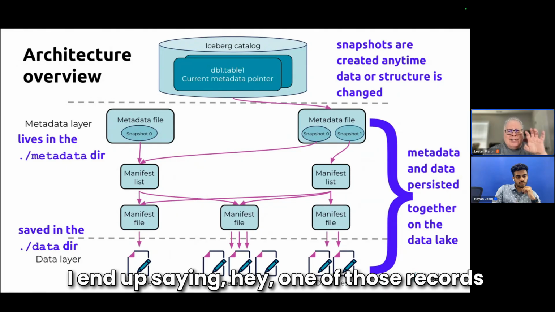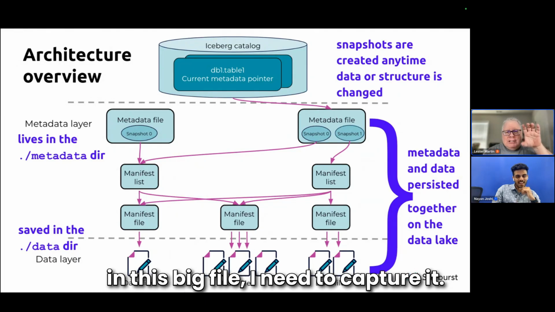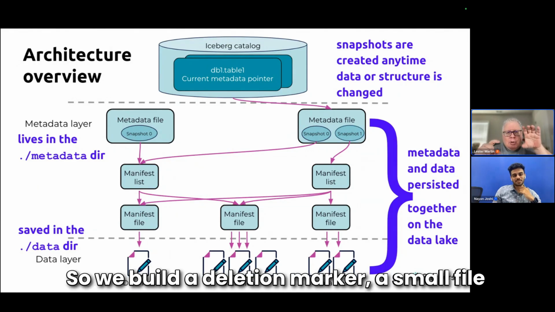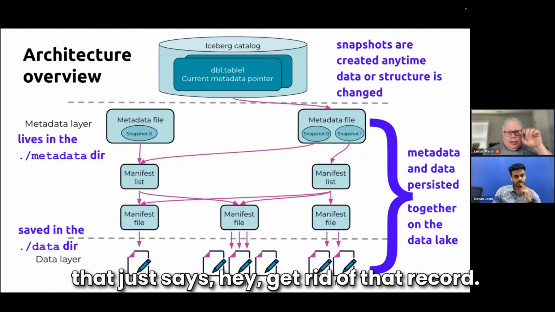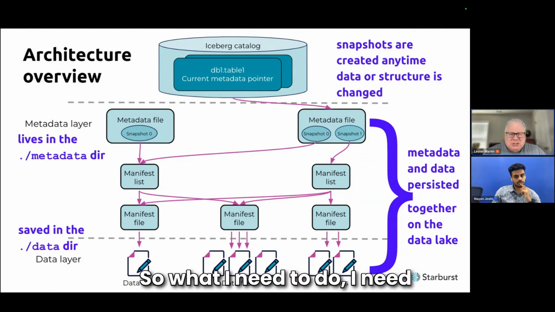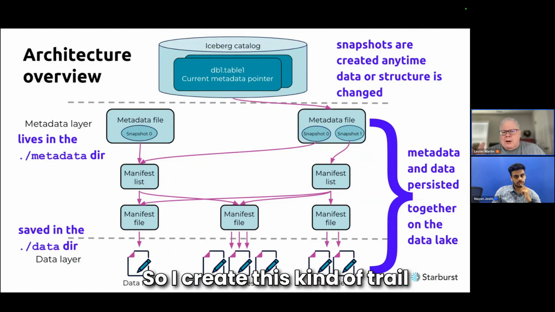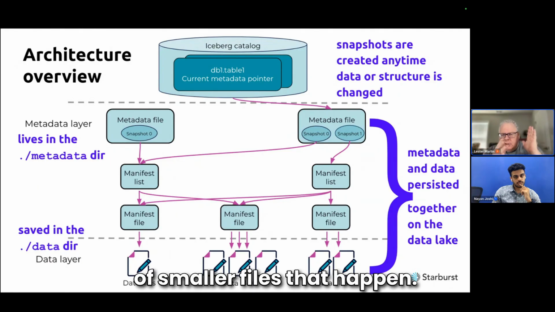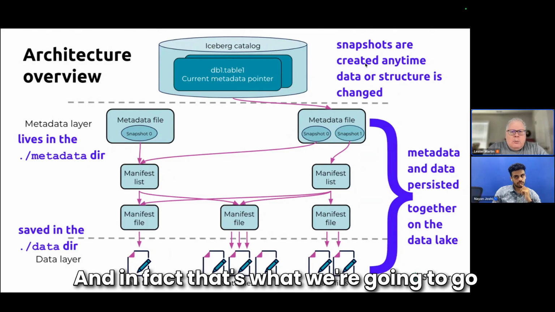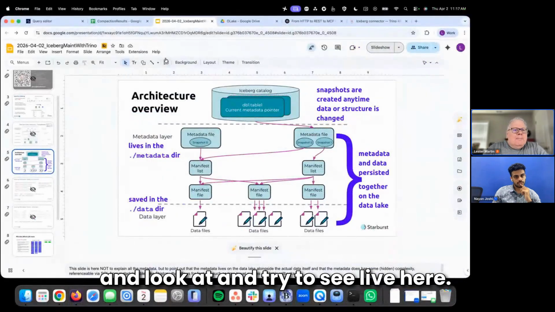I need to capture that one of the records in this big file is changed, so we build a deletion marker, a small file that just says, get rid of that record. But I was doing an update, so I also need a net new add: here's a record. So I create this trail of smaller files. That's what we're going to look at and try to see live here.